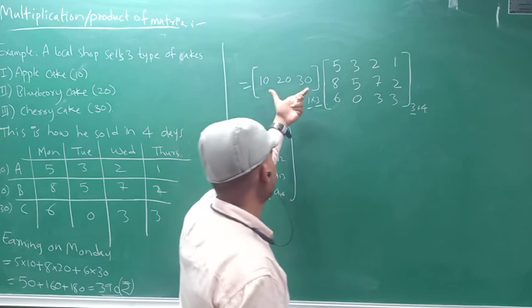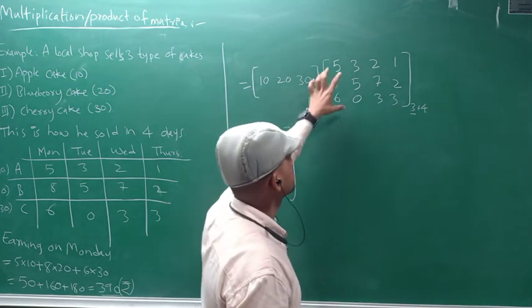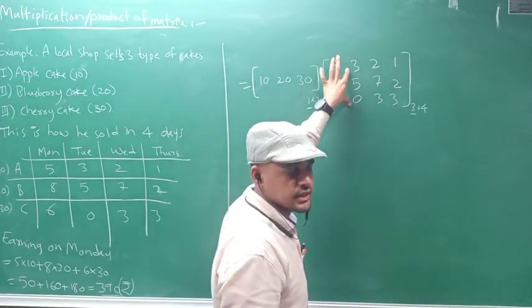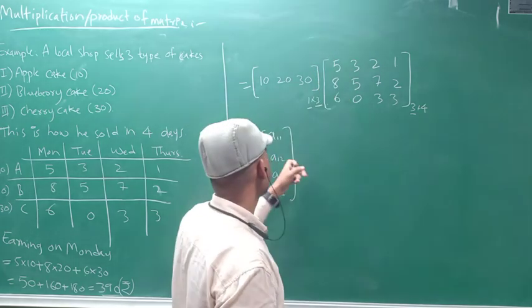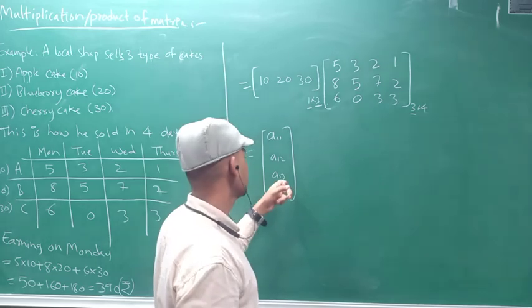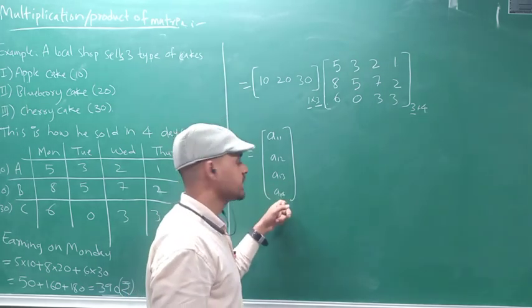If I multiply the prices with Tuesday's cakes, how many cakes were sold on Tuesday, then I get Tuesday's earning. Similarly, we will get Wednesday's earning and Thursday's earning.